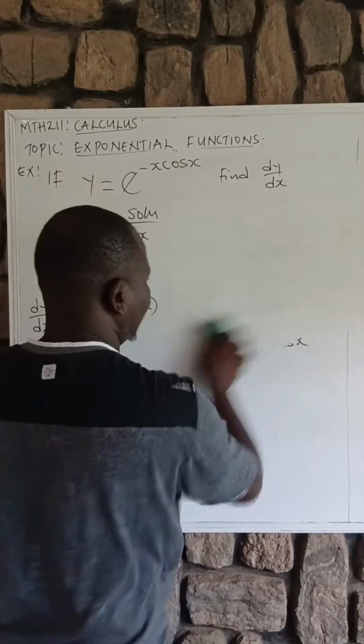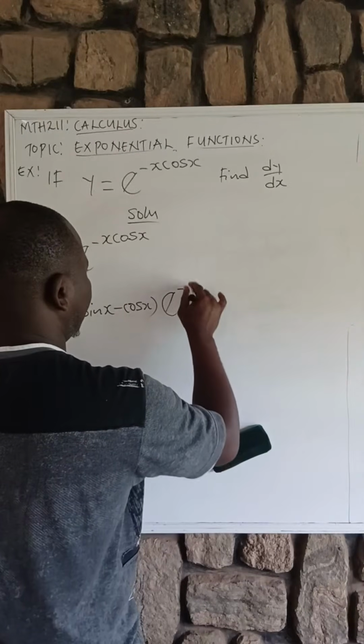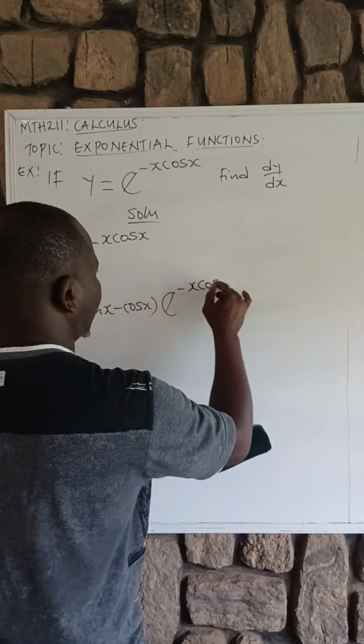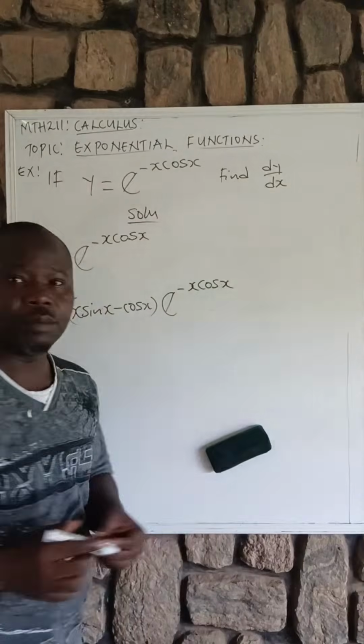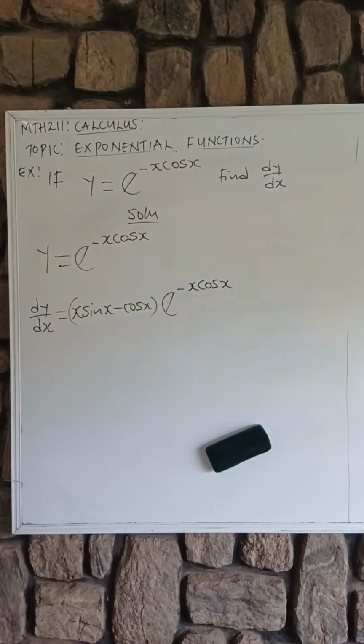So this is what we are going to have: e to the power of minus x cos x times (x sine x minus cos x). Please, any question? Look at the board, ask your question, drop it in the comment section.